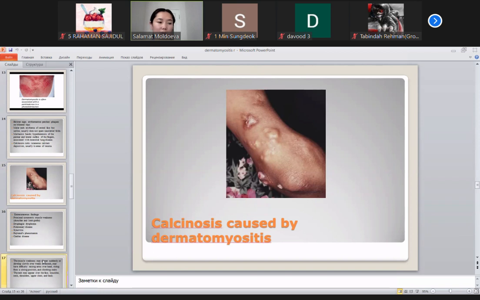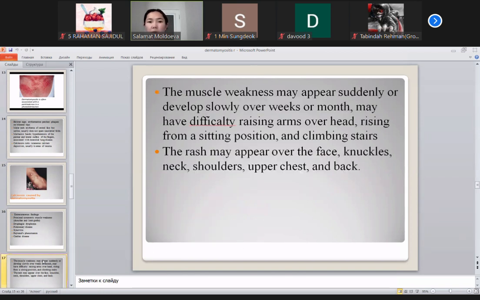Now about muscle change, students. What happens with the muscles? If it's classical dermatomyositis, after 3 months, I already said, 2-3 months, muscle changes start. Patient starts to notice muscle weakness.